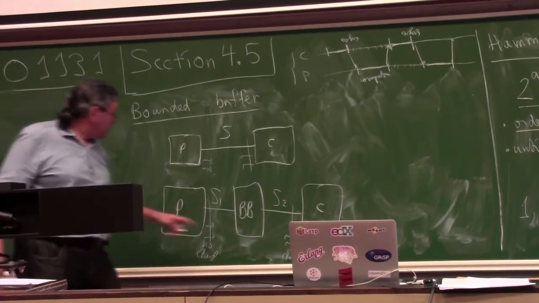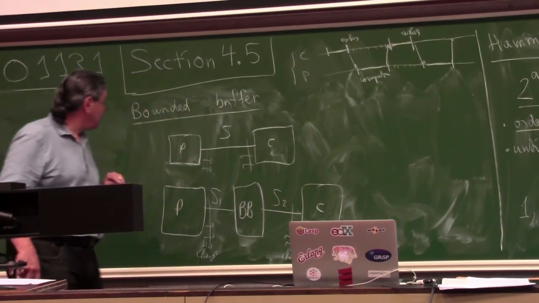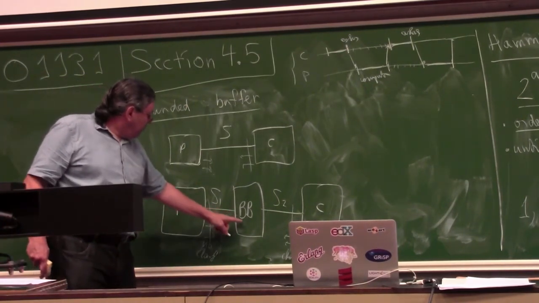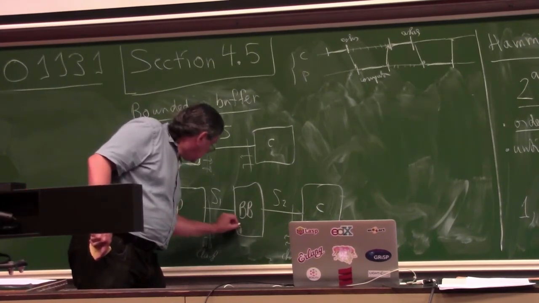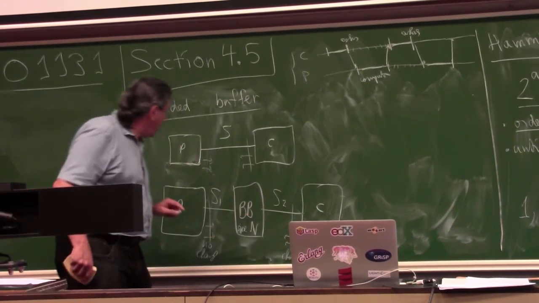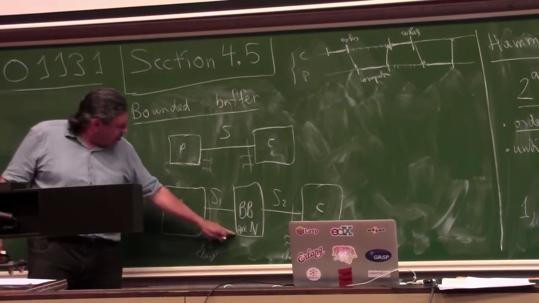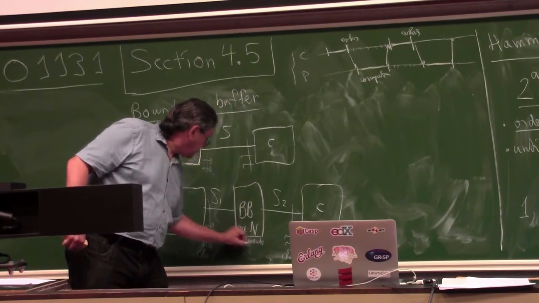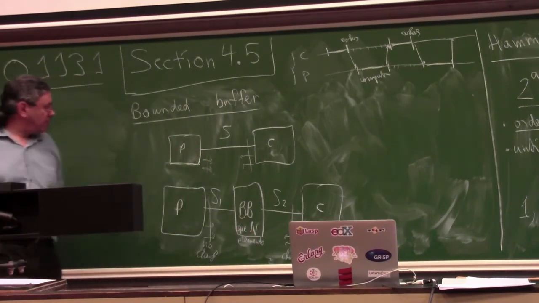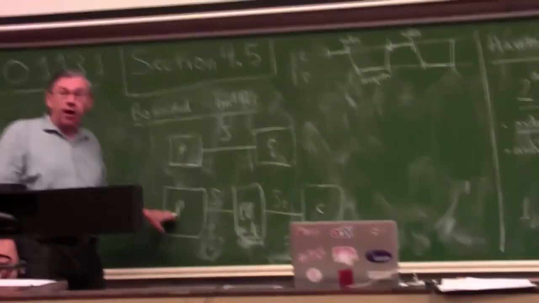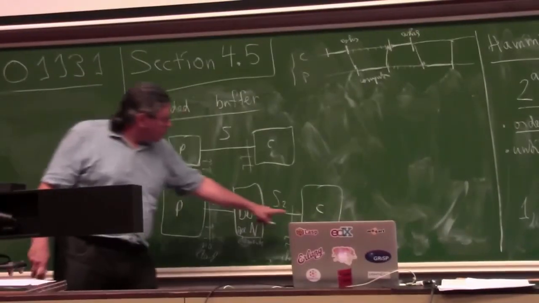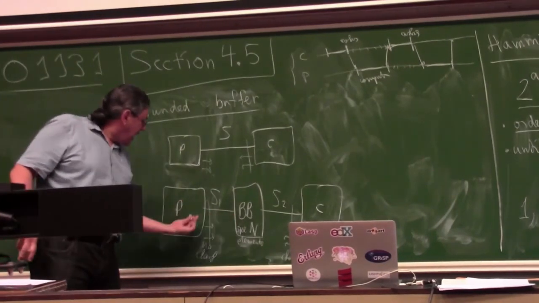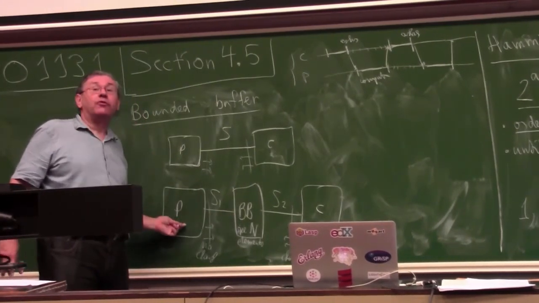But it has a very special operation, this bounded buffer. The bounded buffer has a size. It has memory allocated to store n elements of the stream. So when the system starts up, and the consumer does not ask yet, the bounded buffer will immediately ask for n elements from the producer.